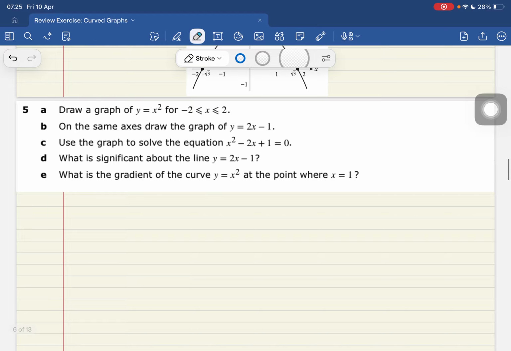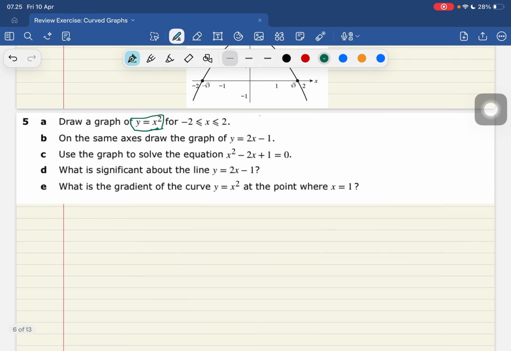Okay, here to draw it. Here is the y-intercept and then the x-intercepts, none of them at the origin. So you just plot the graph. When x equal to 1, what's going to be the y? Okay, next, on the same axis, we can just write it.